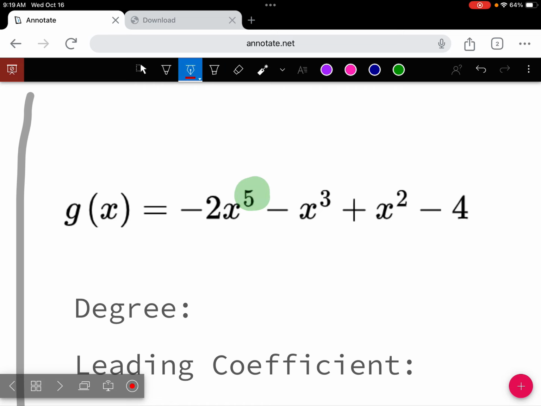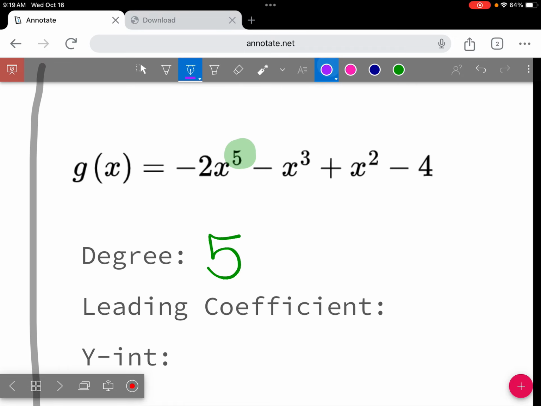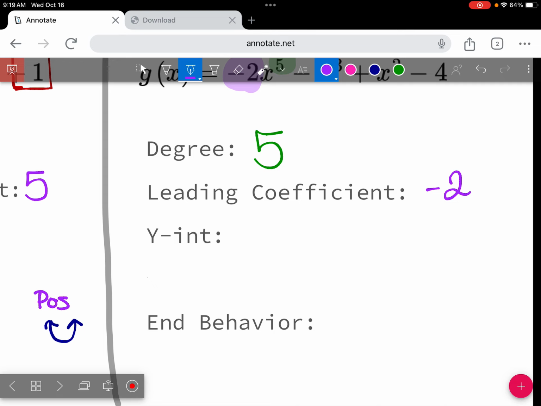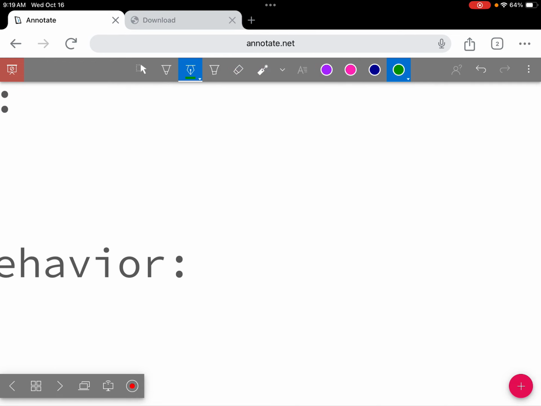My biggest exponent. Which means what is my leading coefficient? Negative 2. So are we even or odd? Odd. And are we positive or negative? Negative.